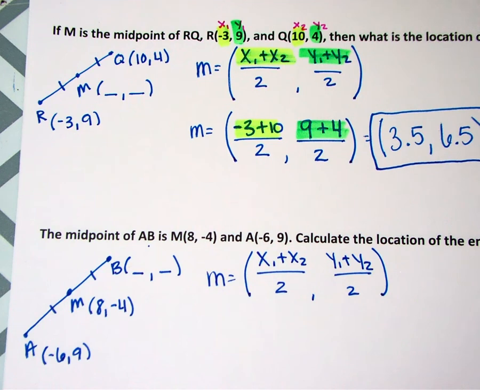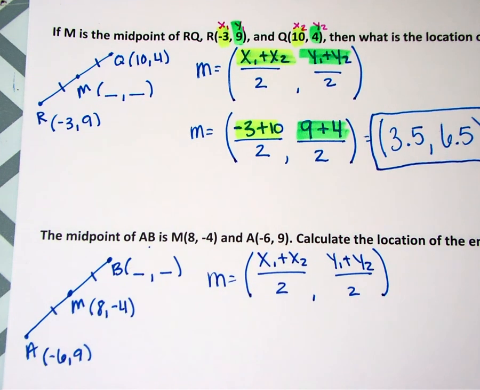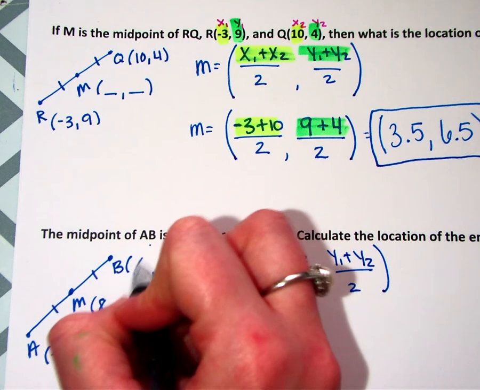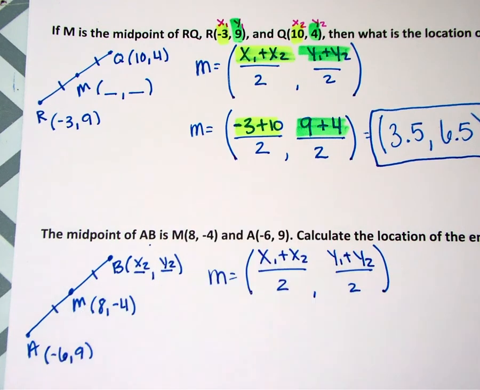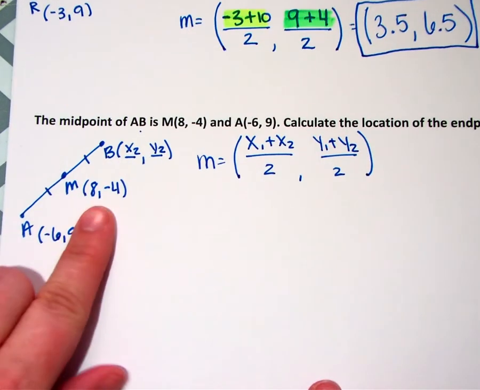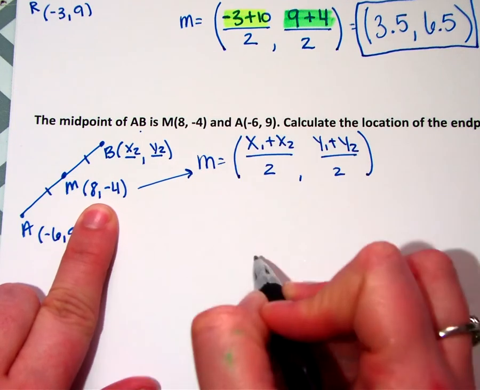We're going to use the same formula, only now instead of solving for M, we already know M. We're actually going to be solving for x2, y2. So this is actually x sub 2, y sub 2. We have no idea what it is. So let's go ahead and substitute in. The midpoint is 8, negative 4.